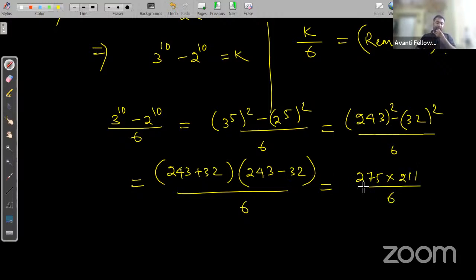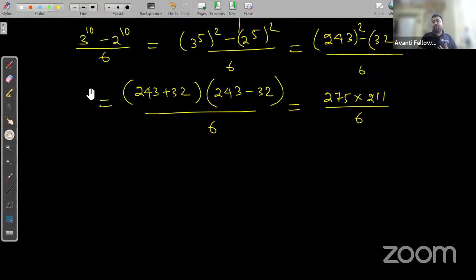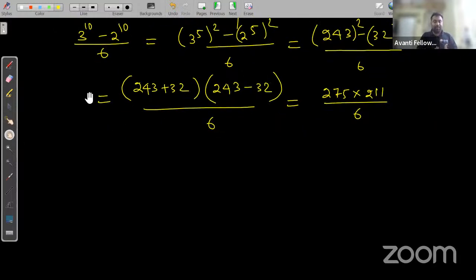So finally we will do the long division process, because we don't have any shortcut to find the remainder when a number is divided by 6. So we will go through long division and the remainder will be 5.